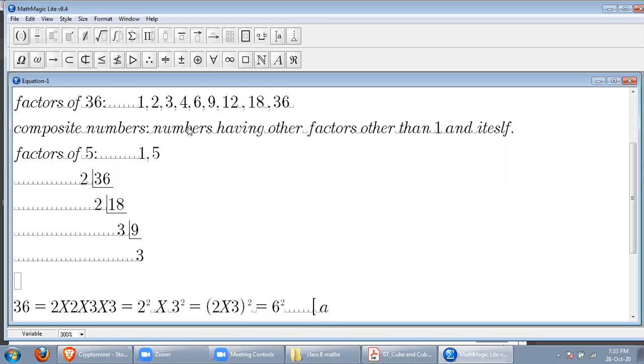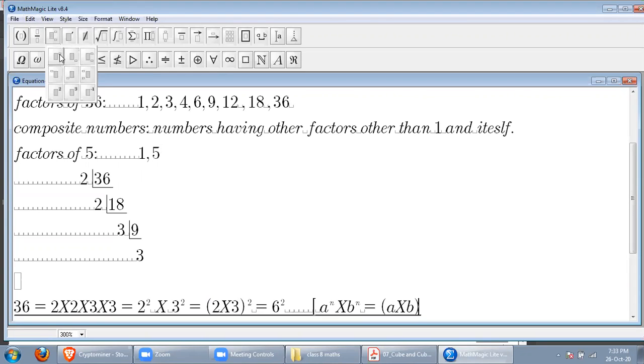Because a to the power n into b to the power n is equal to, within the bracket, a into b whole power raised to the power n. Is it okay?